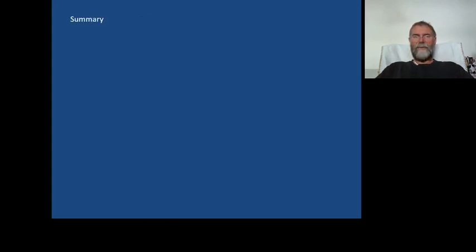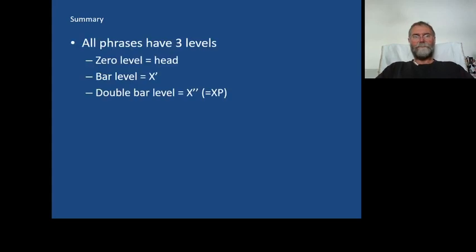So let's briefly summarize what we've said so far. All phrases have three levels. They have the 0 level, which consists of the head. They have the bar level, the X bar, which contains the head and its complement. And then they have the double bar level, which contains the specifier and the X bar.